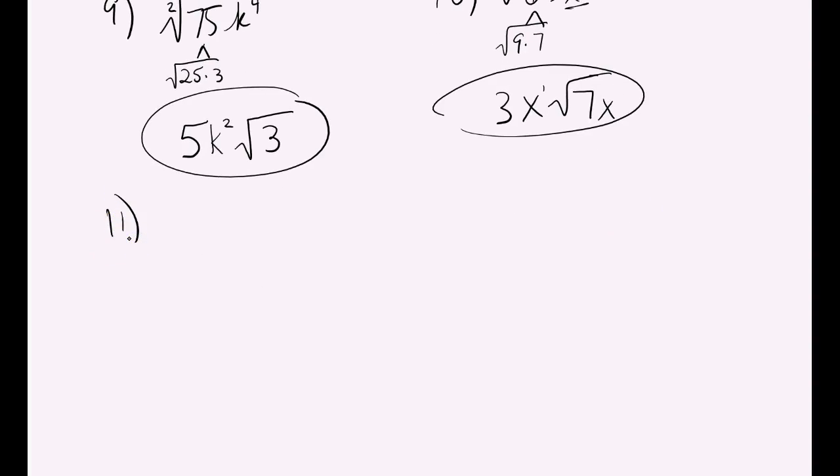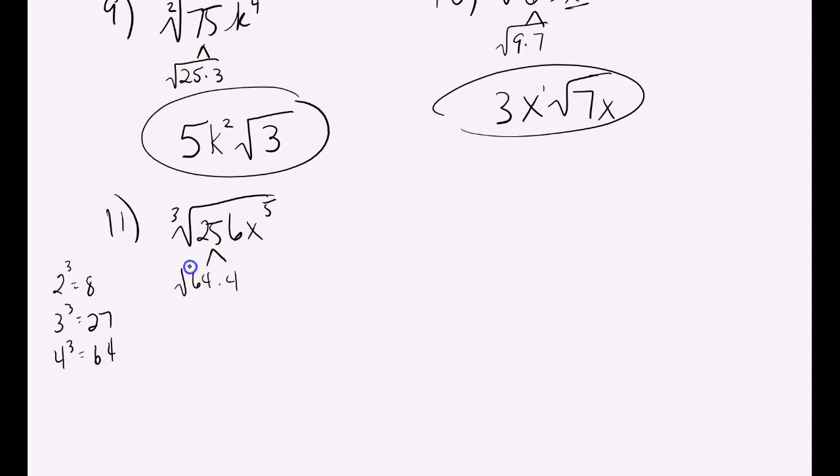Number 11. Is that a cubed root? The cubed root of 256 x to the 5th. So I need to think of cubes that go into 256. So like I did earlier, I usually write a few of them out. I mean, I have them memorized, but if I didn't, I would write a few out and see what goes into 256. So, I don't know, does 4, yep, 64 goes in there 4 times, if I'm mathing this out right in my head.